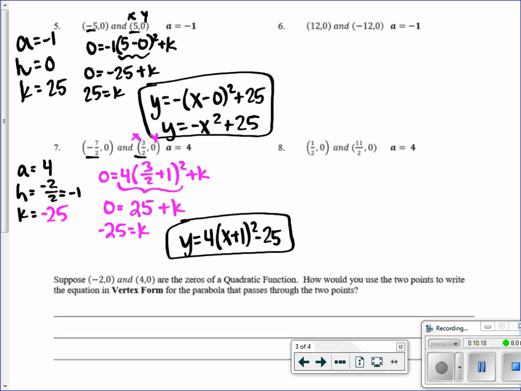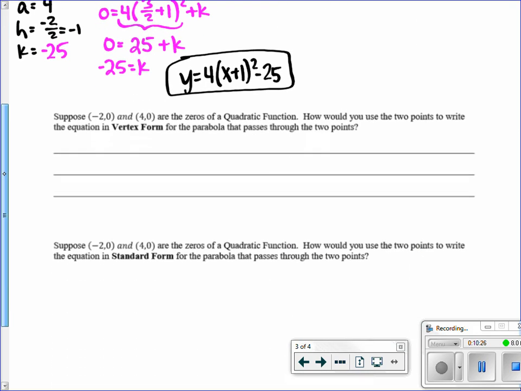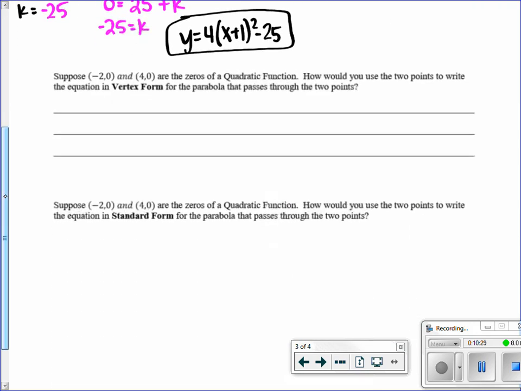You're going to do number 6 and number 8, but for right now, we're going to move on to the bottom. So you're going to come back when the video is over and do number 6 and number 8. So we're going to look at the 2 questions on the bottom. Suppose negative 2 and 4 are the zeros of a quadratic. How would you use the 2 points to write the equation in vertex form for the parabola that passes through the 2 points?